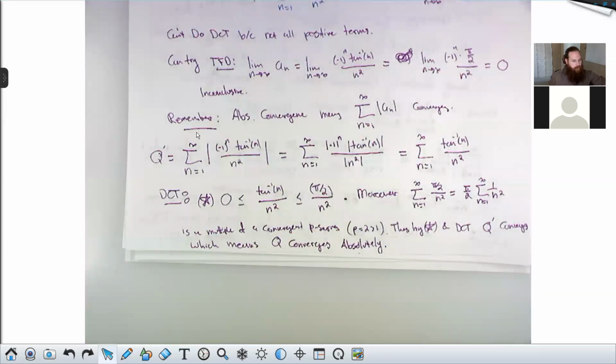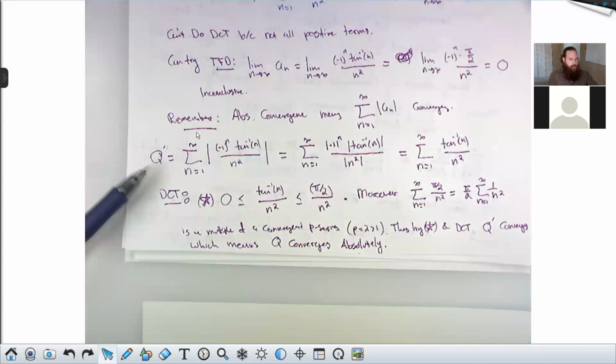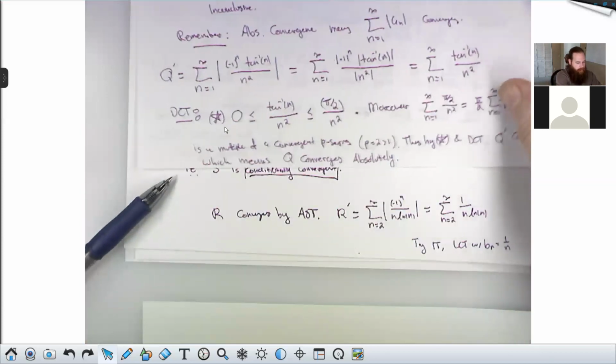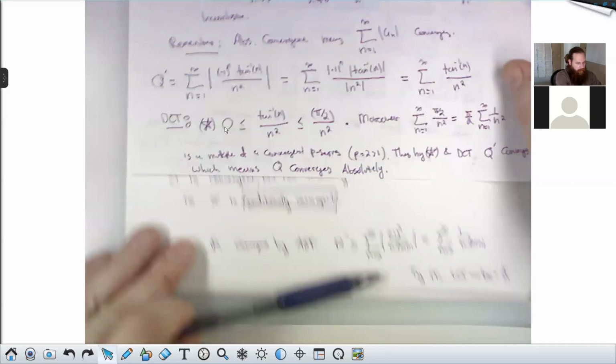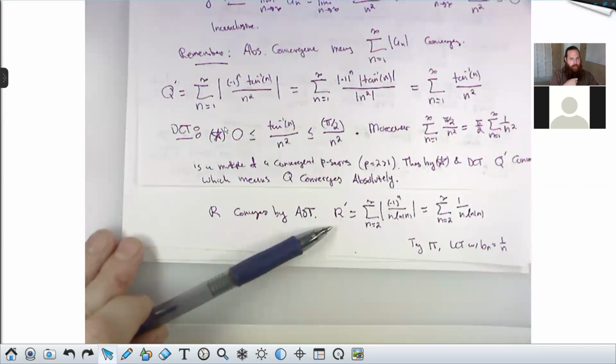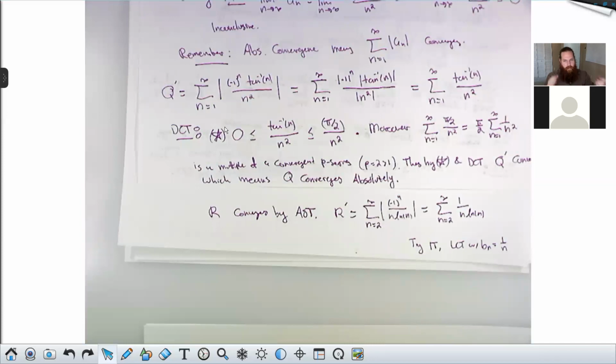And then before we go, we do need to practice with the ratio test a little bit. So I used the prime notation here to talk about the series that you get when you swap in the absolute value. And that's why I used that same notation here. I'm just using the prime to refer to the associated series with the inside replaced by its absolute value.